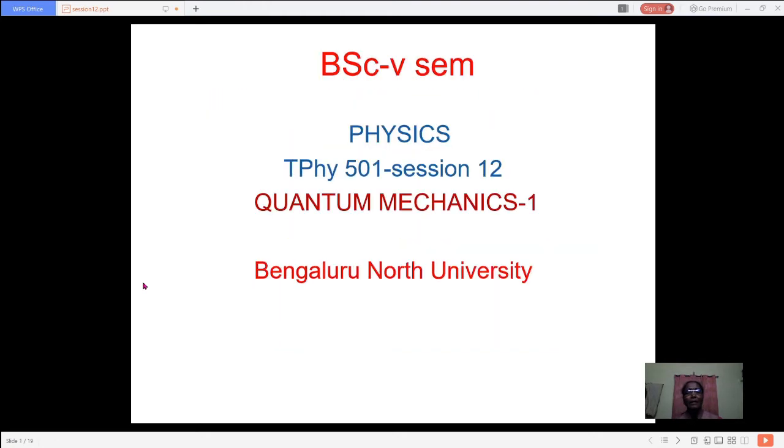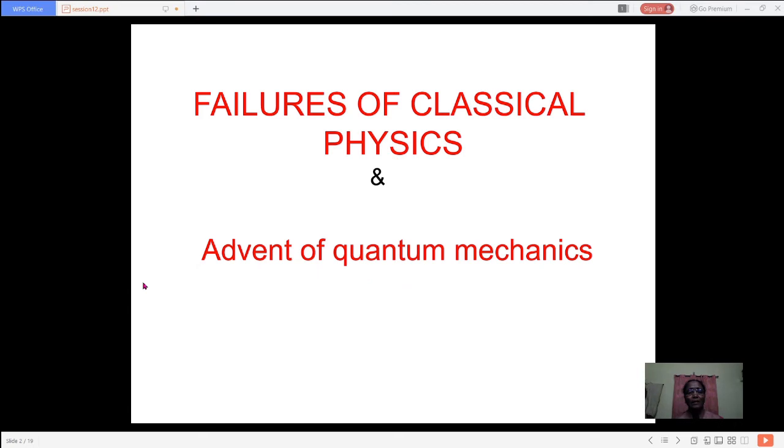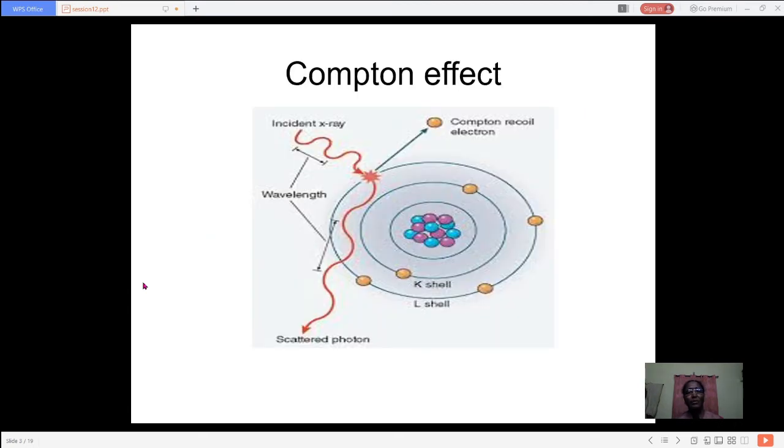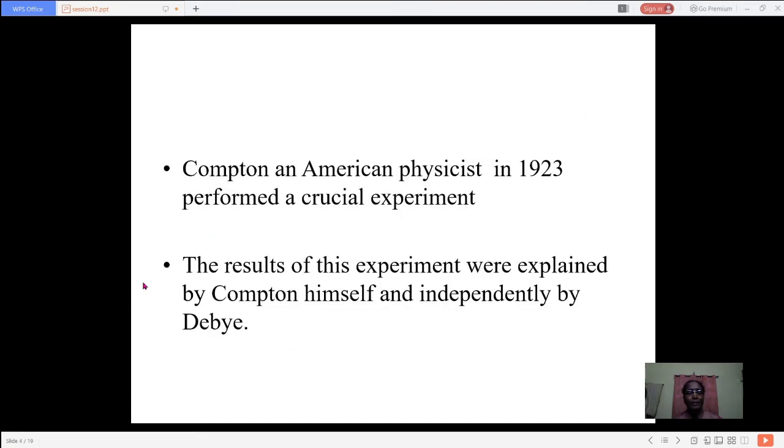Okay, this is session number 12 and the title of the lesson is Quantum Mechanics 1, under which we are going to discuss Compton Effect. Compton was an American physicist.